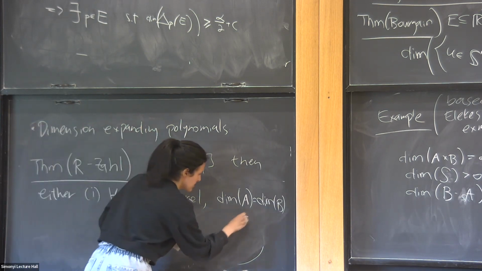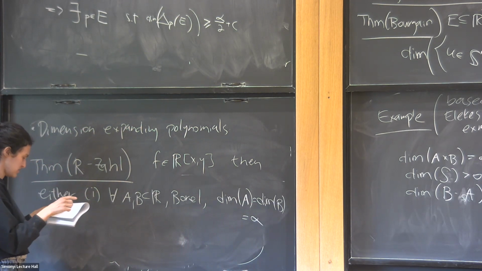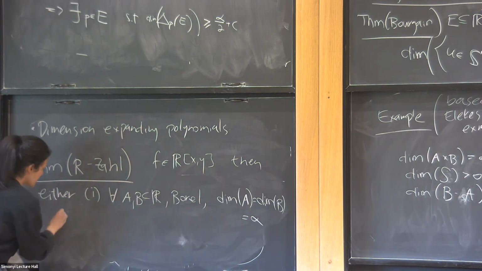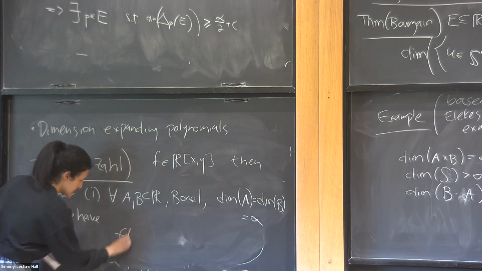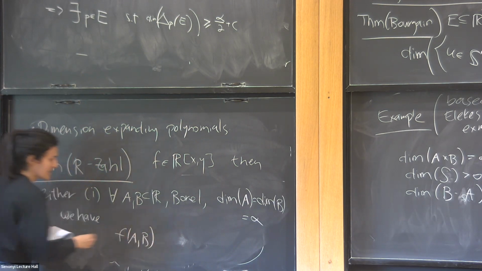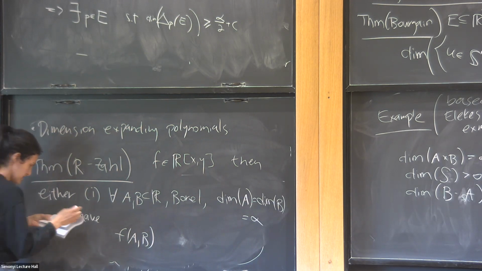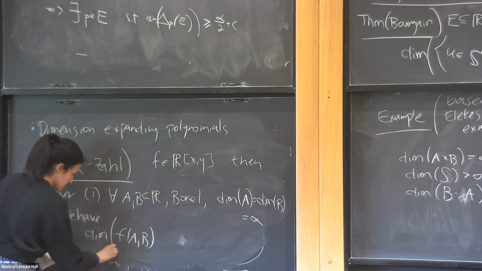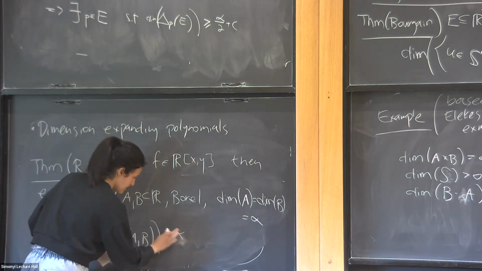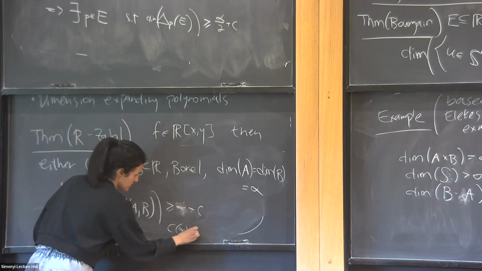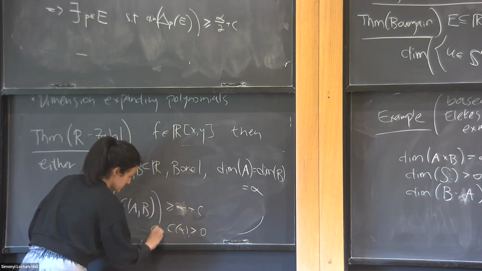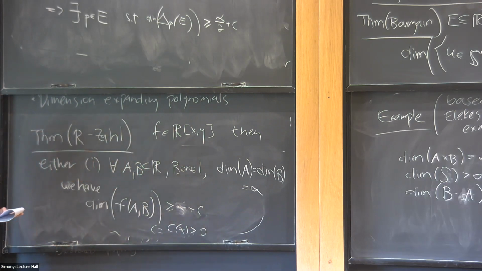Probably something can be done, but this is what we show. So the dimension of both is alpha, and we have that the set f(A,B) must have large dimension, at least alpha plus some constant. The constant will depend on alpha, not on the degree, not on f.